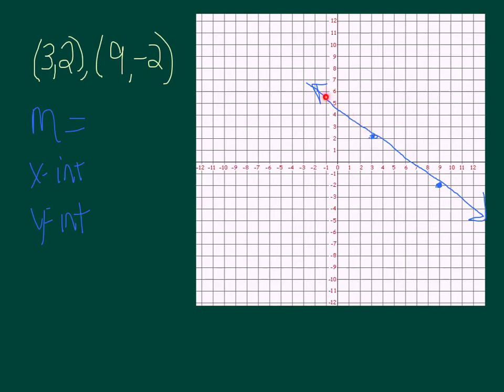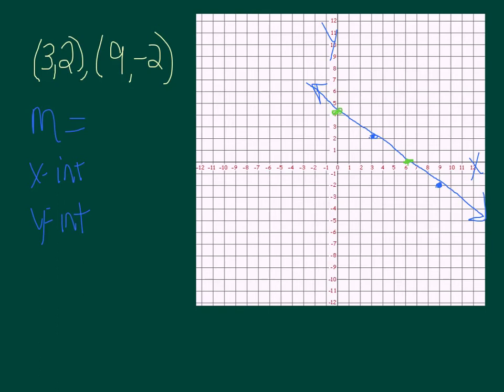So I made sure my line crosses both the x and the y-axis. My line's not very good, but this one should have crossed right here. We'll have straight edges in class, so it'll be a lot easier. It's harder to do on this. And then this one should have crossed there.